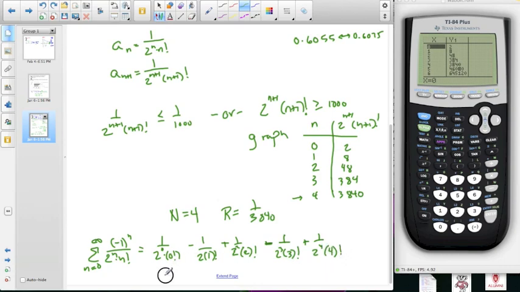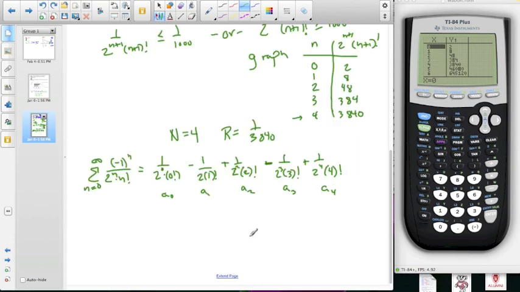And so this is our a sub 0 term, our a sub 1, a sub 2, a sub 3, a sub 4 term. And so if you notice, we've gone up to the a sub 4 term. That's what this means. Okay, this is an S4. But if you count the number of terms, this is 5 terms.